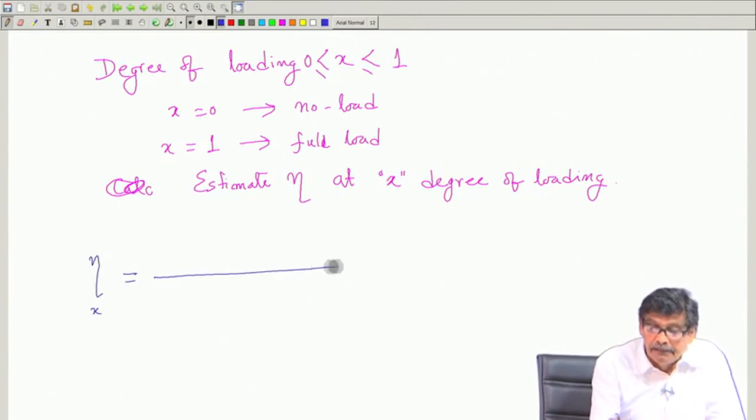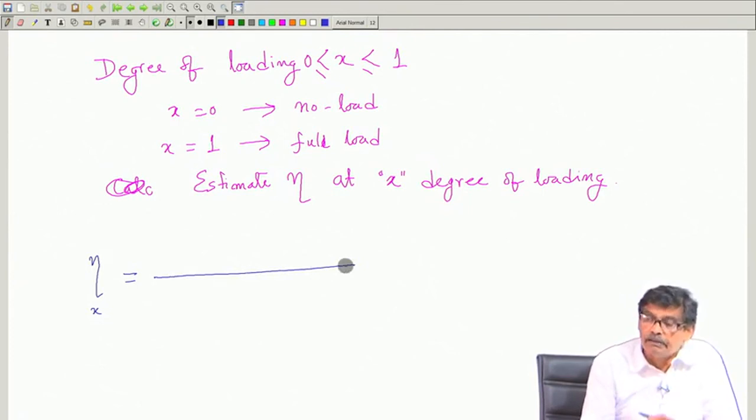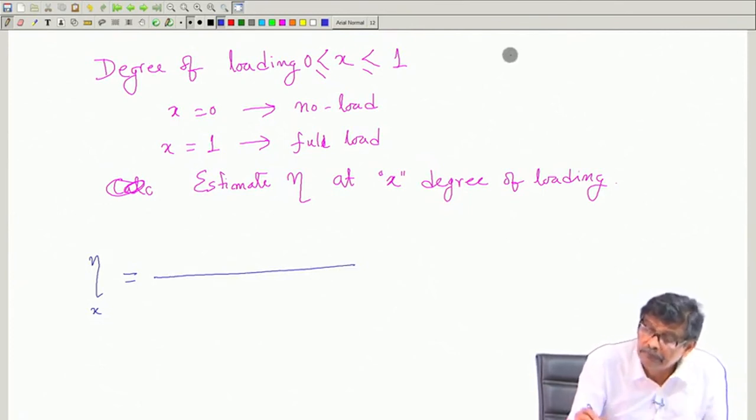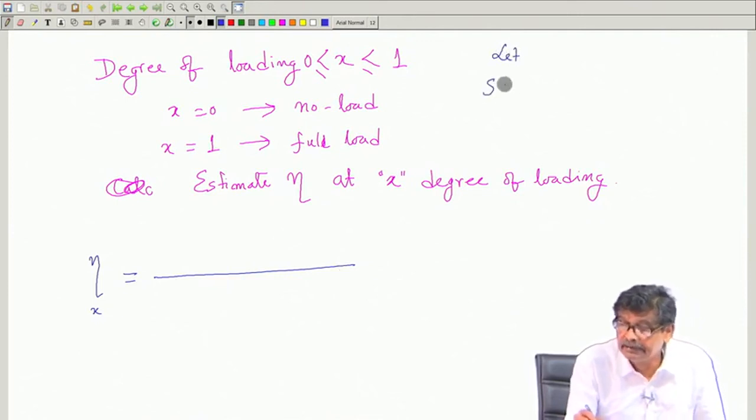Now, this one will be the output. Let S be equal to the rated kVA of the transformer.